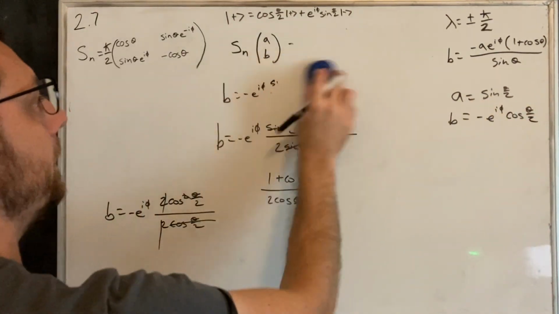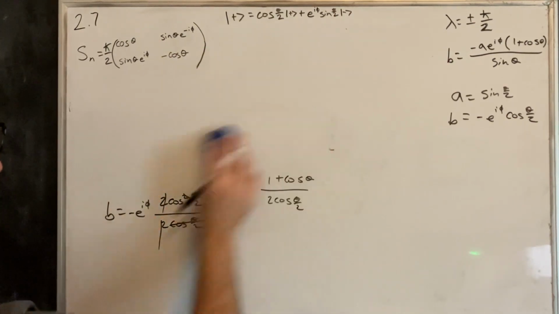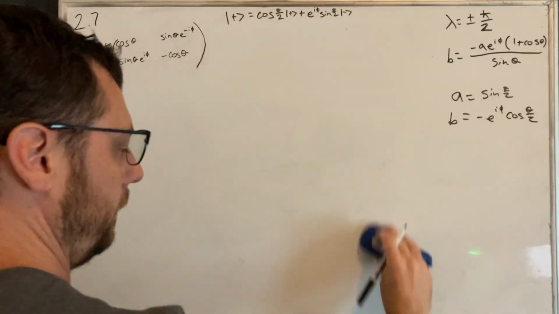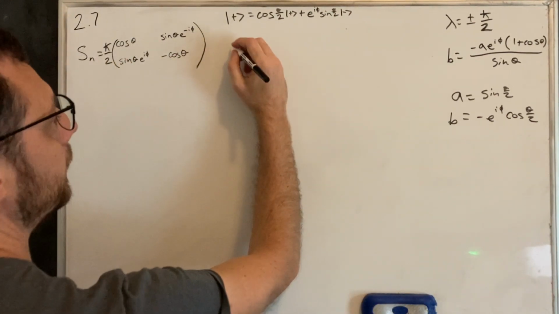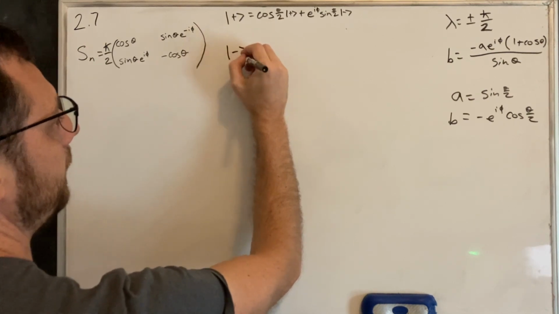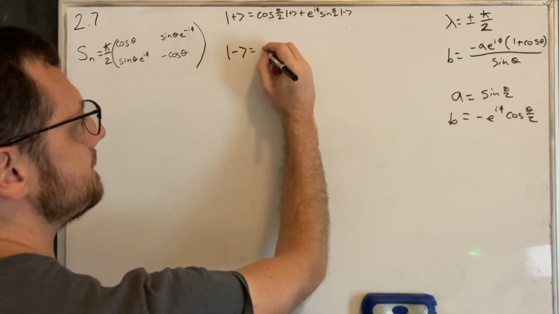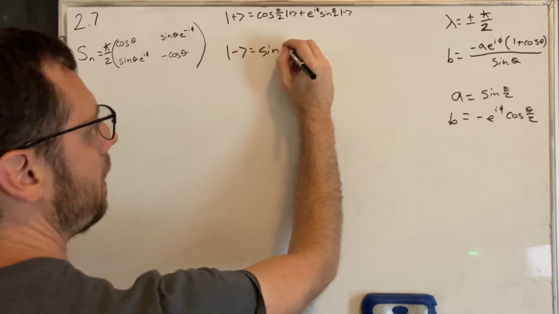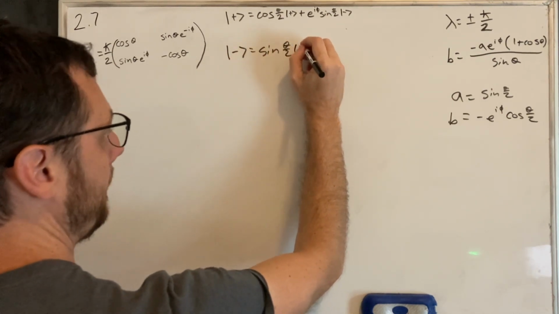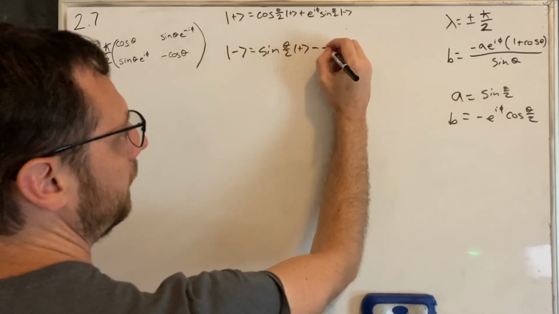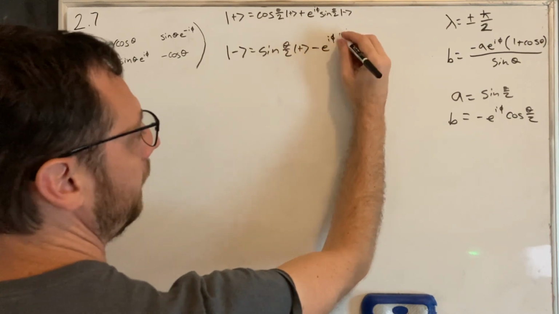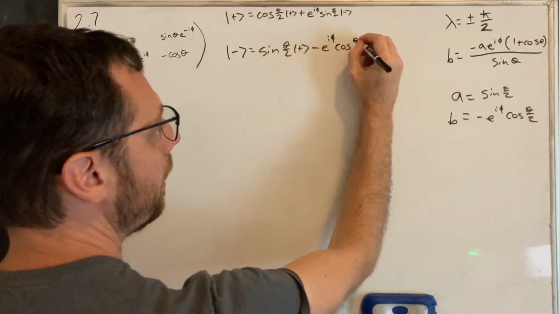So that means our second eigenstate, down, is going to be a, sine theta over 2, up, minus e to the i phi cosine theta over 2.